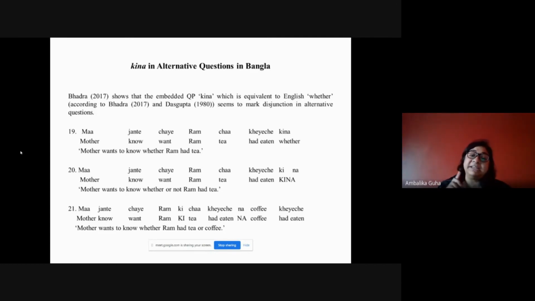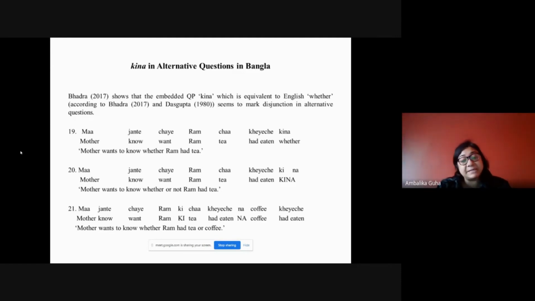According to her, based on Larson and Karttunen's analysis of whether questions, 19 and 20 have identical meaning. The only difference is that in 19 we have an implicit or not. The or not doesn't occur phonologically, but in 20, the or not surfaces. That is the only difference. Otherwise, 19 and 20 are both embedded polar questions.